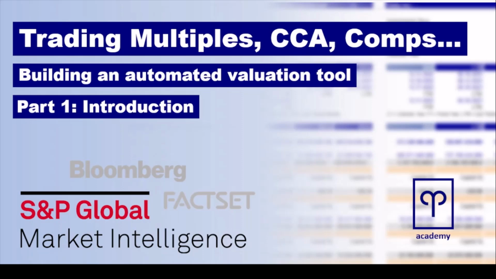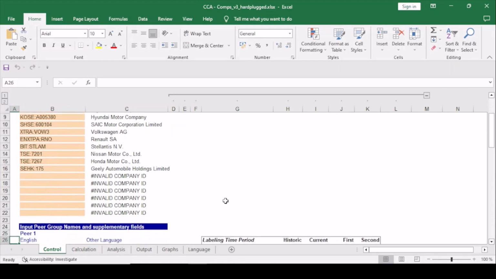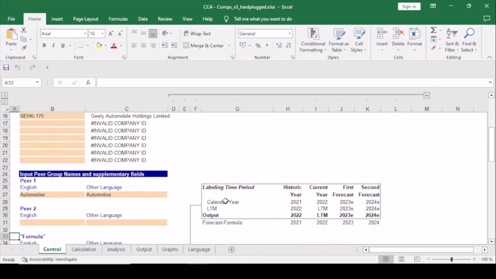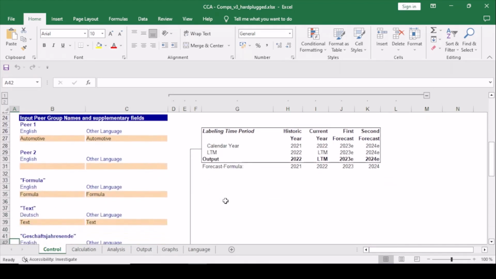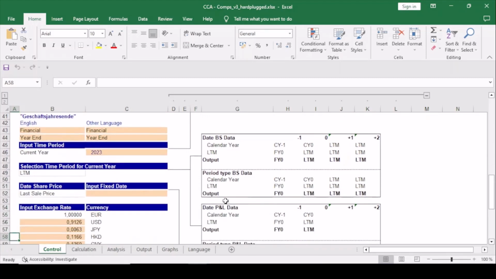So let's get started. At first we build a control sheet for basic information like input of tickers or company identifiers for your data providers, company names, peer group definition, time periods, supplementary information, exchange rates, and so on.